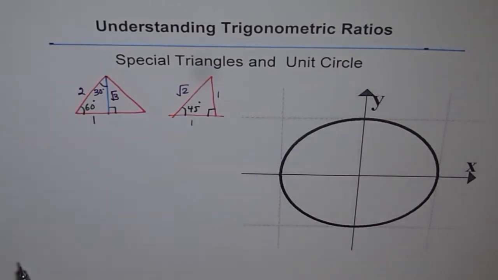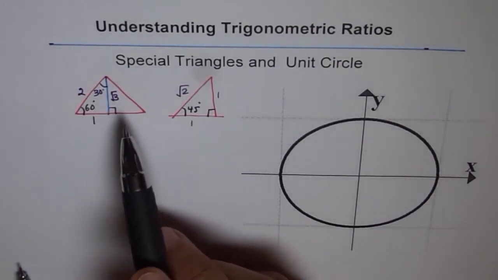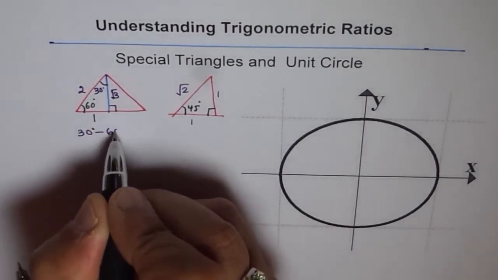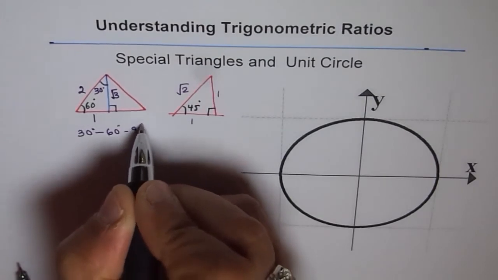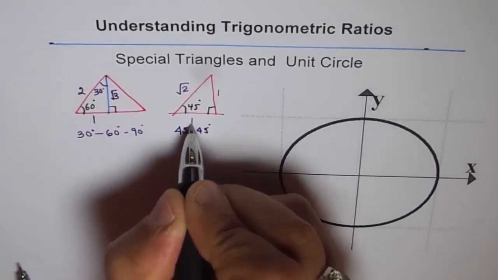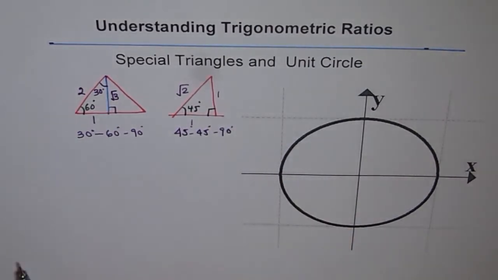So basically we have two special triangles: this one is the 30, 60, 90 degrees triangle, and this one is 45, 45 and 90 degrees. These two are very special triangles for us.